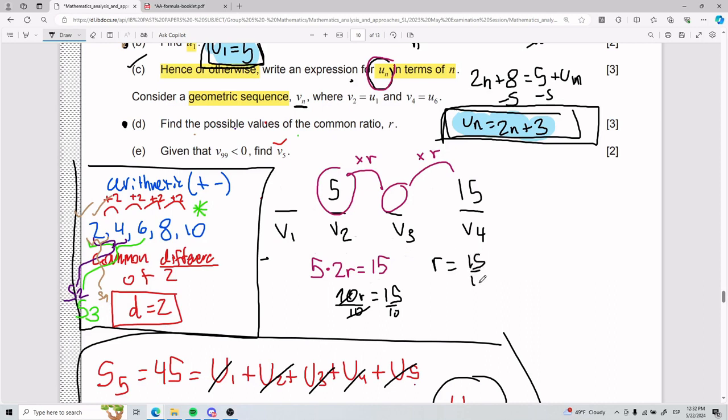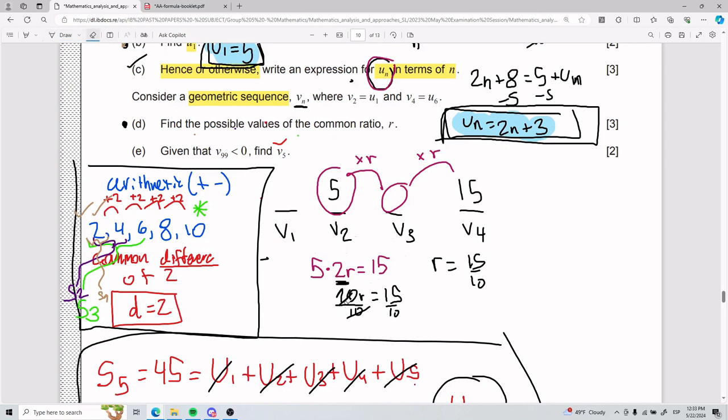15 divided by 10. Now, I made a massive mistake here, and I'm going to leave it on the video because we all make mistakes, and that's just fine. My massive mistake is that, yes, r is being applied twice, but it's being applied twice by multiplying. It's not being applied twice by adding, which is by putting 2r.